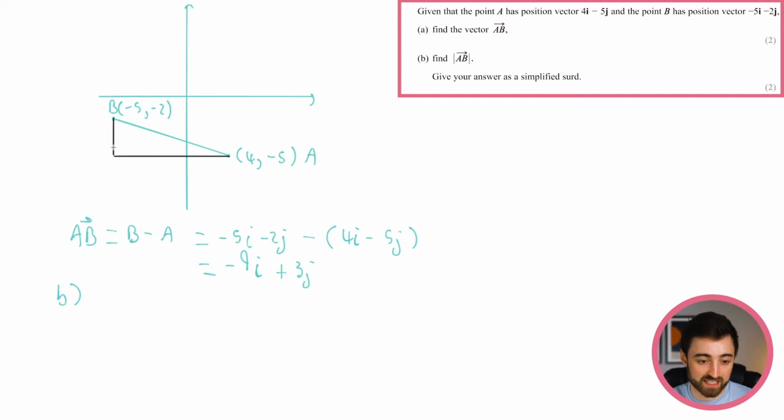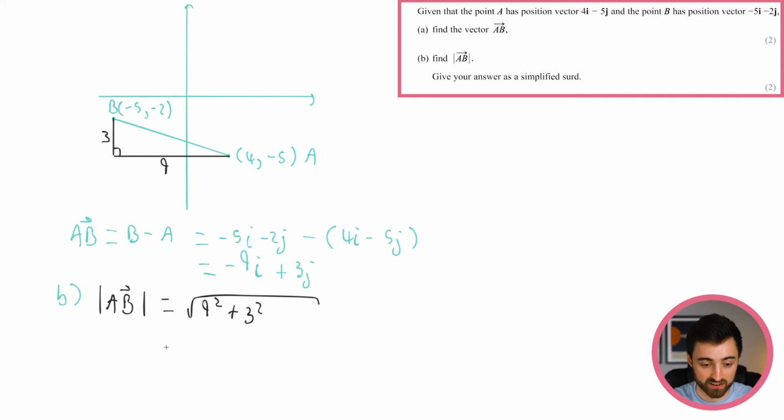So we get this nice right angle triangle, and then the magnitude of AB will be represented by the length of this line, right? But we can use Pythagoras for this, can't we? Because we now know the length of this, which is 9. It's minus 9, but in terms of its size, it's just 9, right? And then this is 3. So if I just want this line, I'm just going to do the square root of 9 squared plus 3 squared. Simple as that, right?